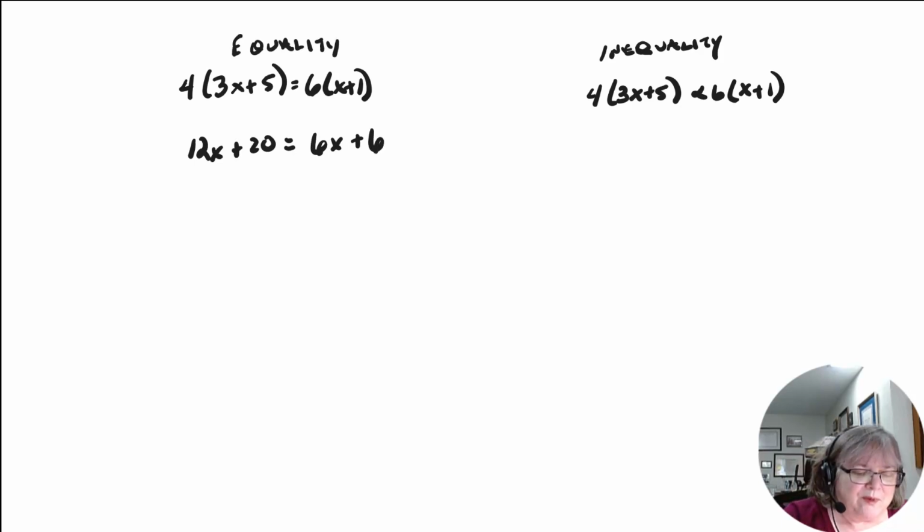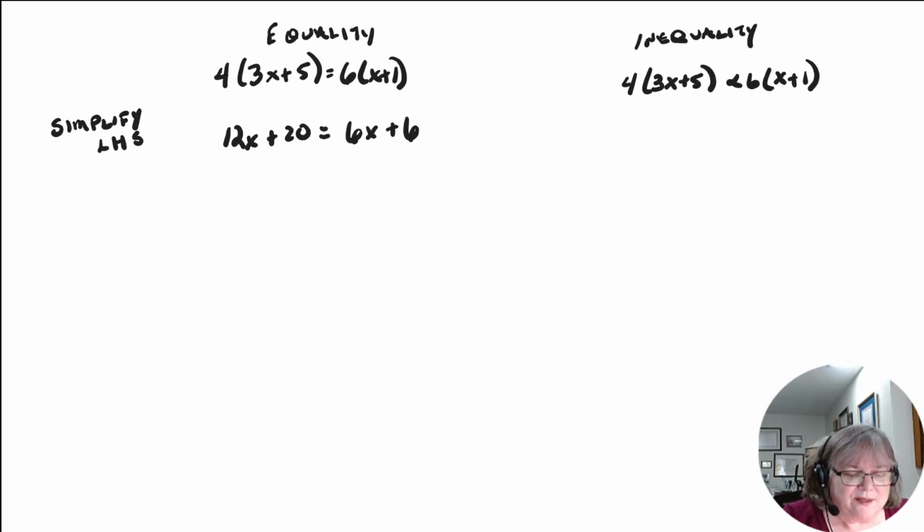Right? So what we've done is we simplified the left-hand side. I'm going to abbreviate that to LHS. Then we simplify the right-hand side, which we did both as we went through.